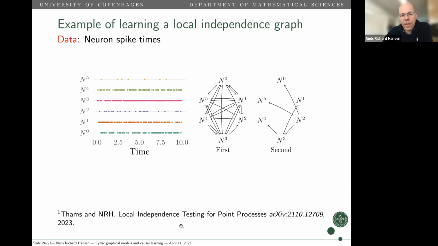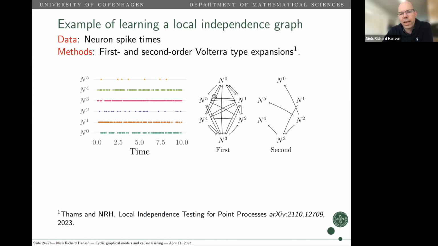And we implemented this in this paper here on local independence testing for point processes, and applied it to the neuron case here. And we considered both the first and second order Volterra expansions. With only the first order, we got a quite dense graph, whereas if we included the second order in the Volterra expansion, we got a much sparser graph.